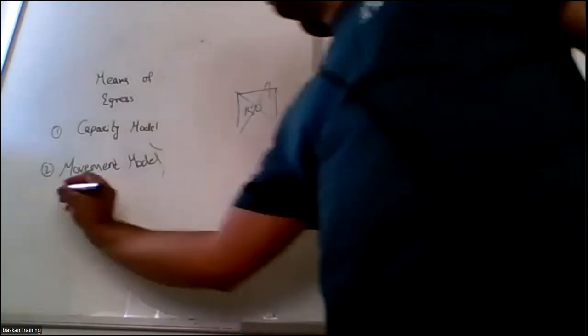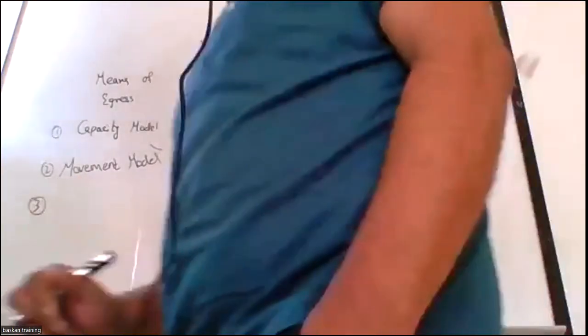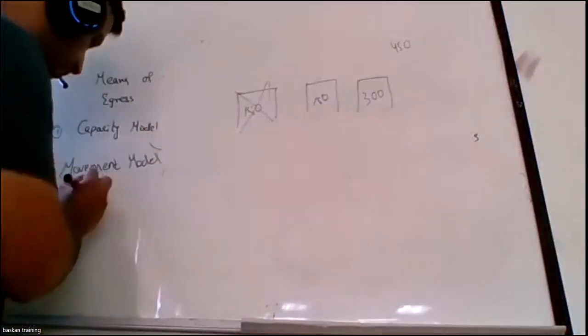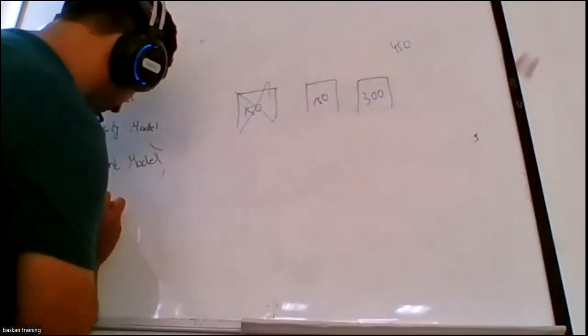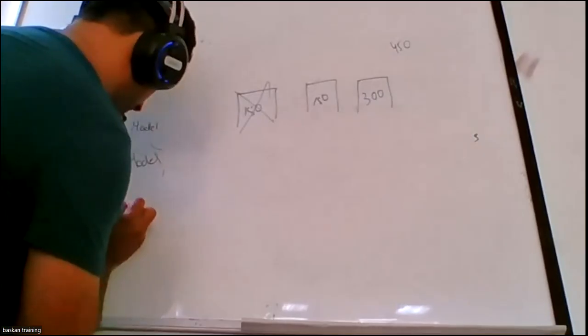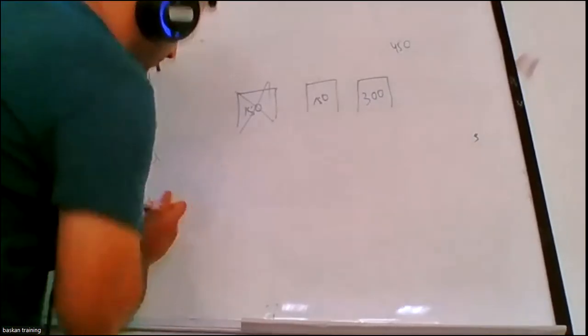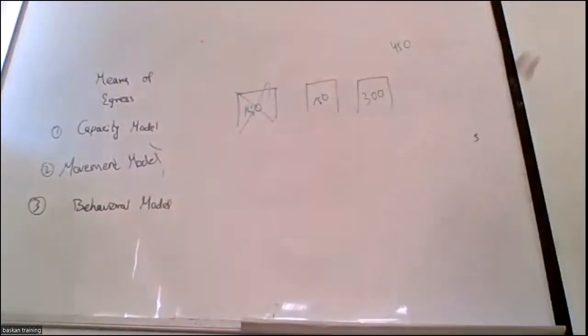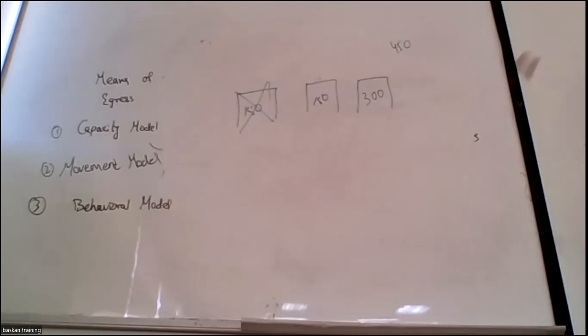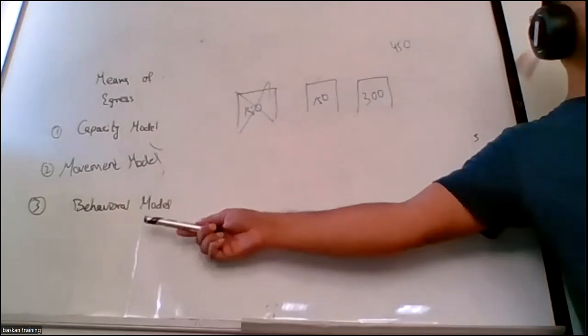The third type of design model available for the means of egress is the behavioral model. The behavioral model defines the common behavior of the people. For example, if I'm talking about disabled occupants in one occupancy, let's say healthcare occupancy, hospitals, they all have a common behavior.